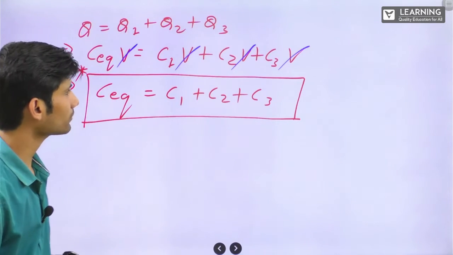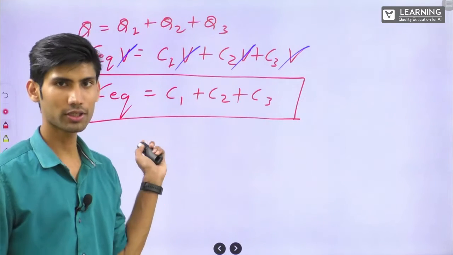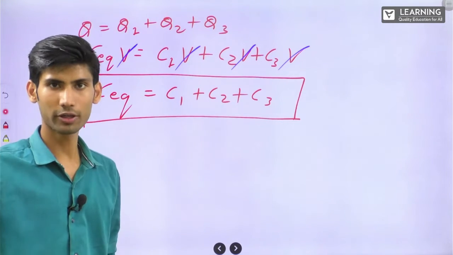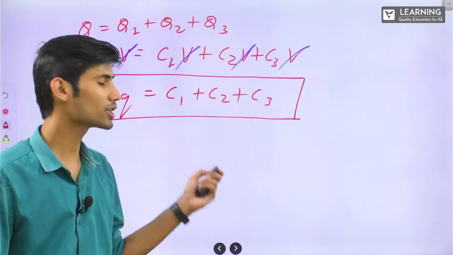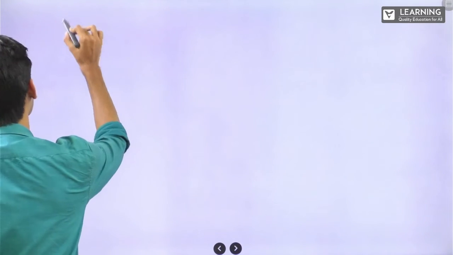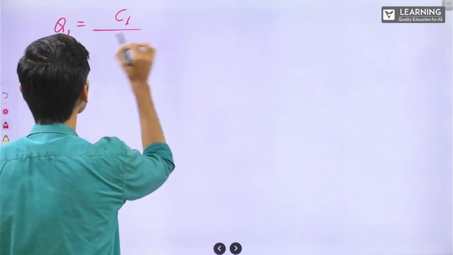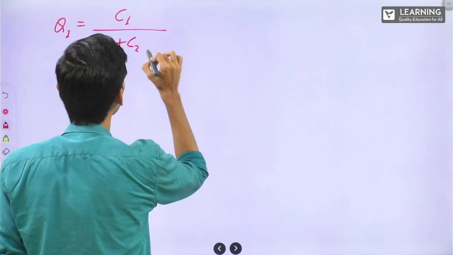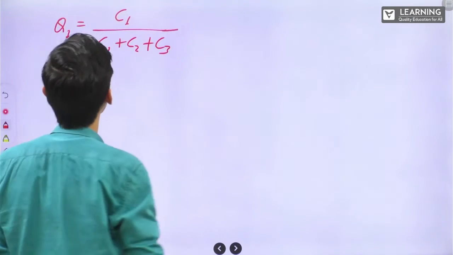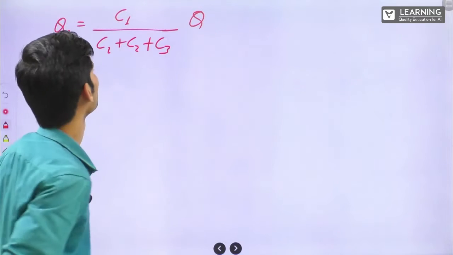Done? Now, their potential was different in series, so we wrote V1, V2, V3, we wrote formulas for everything. Here charge is different, so we'll write formulas for charge. Q1 will be C1 upon C1 plus C2 plus C3 times the total charge.